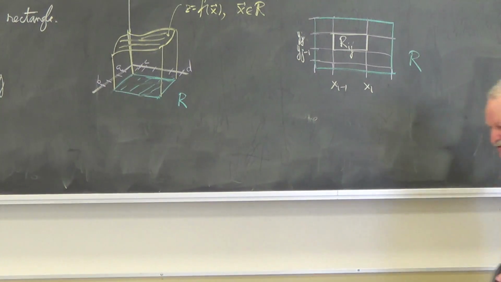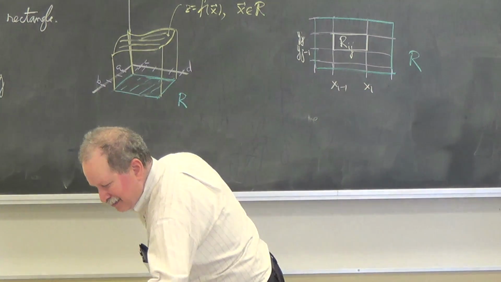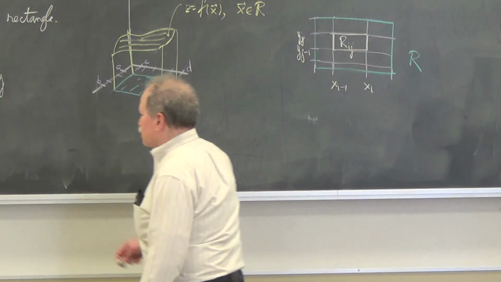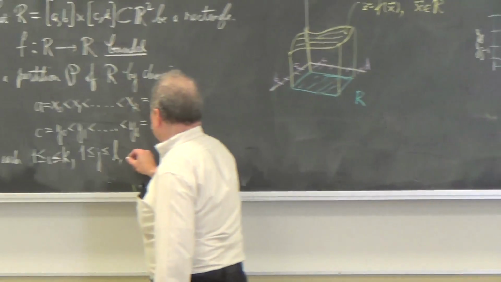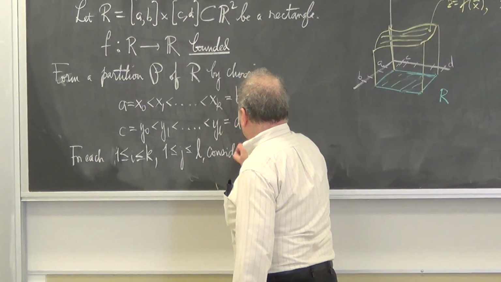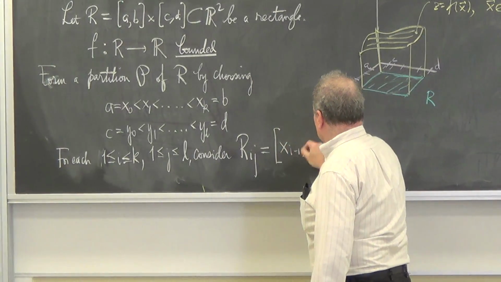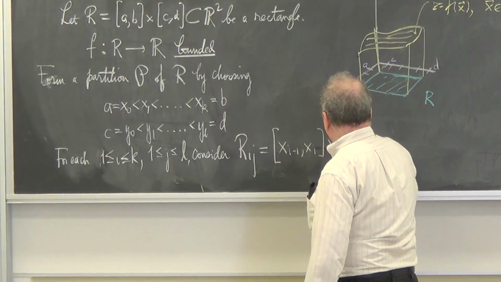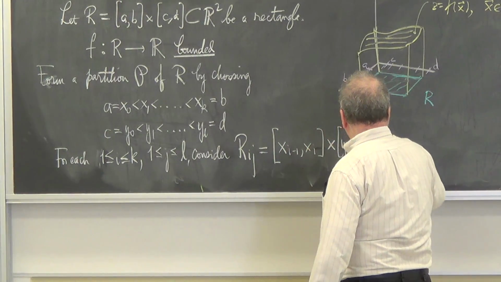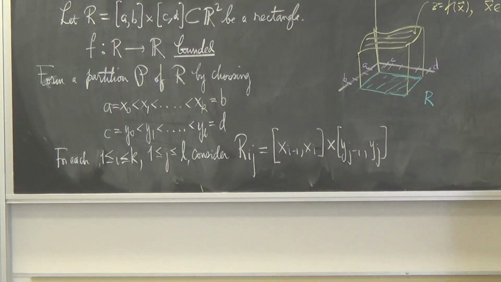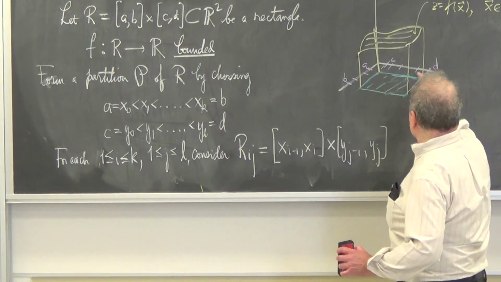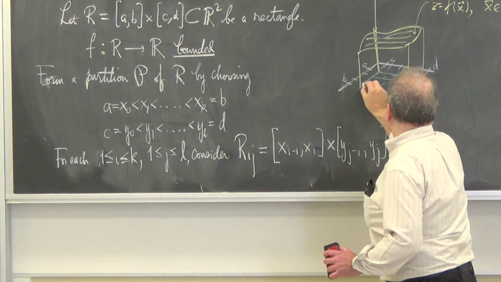Yeah, it reminds you of matrices. So consider r sub ij, which is the interval x sub i minus 1 to x sub i, cross the interval y sub j minus 1 to y sub j. And so you've divided your blue rectangle up into pieces here.